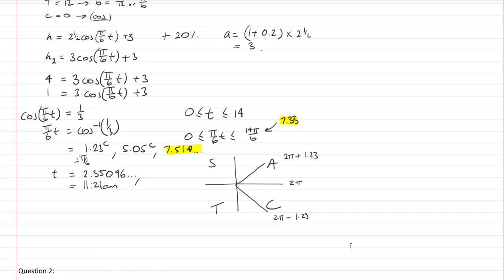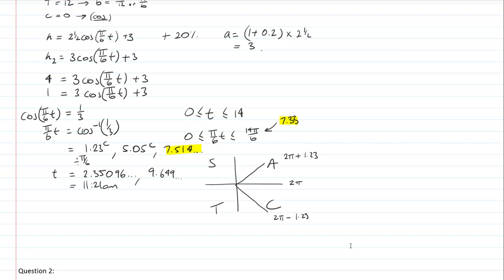or, and again, I'm just being very careful about this, so bear with me, recalculating my original 1.23 in exact form, and then doing 2 pi minus that answer to get that, 5.05. Then I'm going to get that 5.05 divided by pi, multiply by 6, and I get 9.64904, etc. Now subtract the 9 from that because that's 6 o'clock, 9 hours on 9 AM is 6 PM, and I get 0.649.